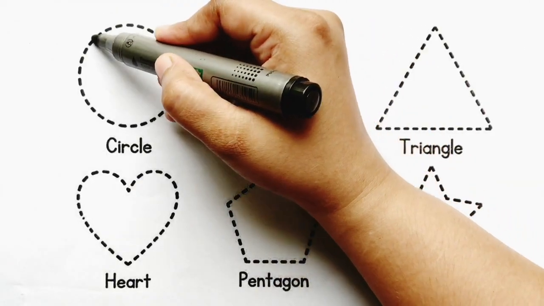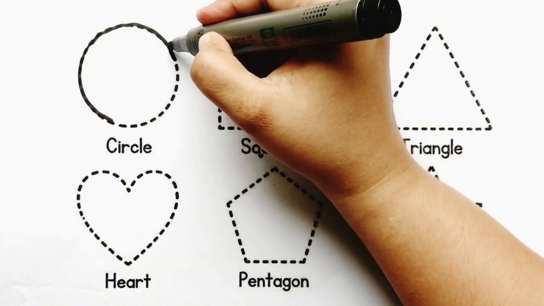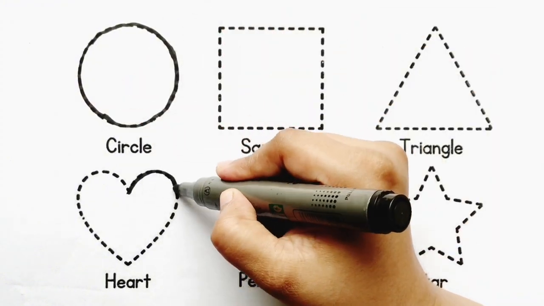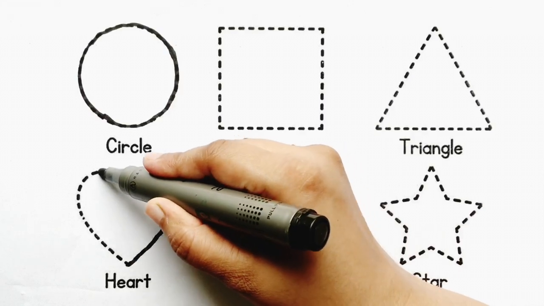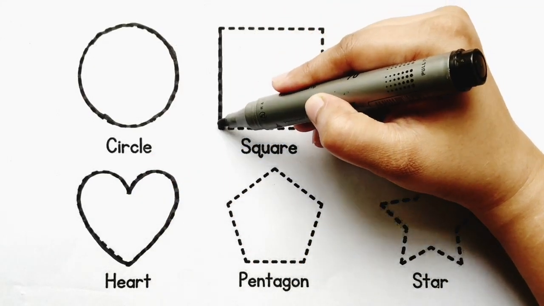Hello kids, today we will learn how to draw shapes. This shape is circle. Now this shape is heart. Next shape is square.